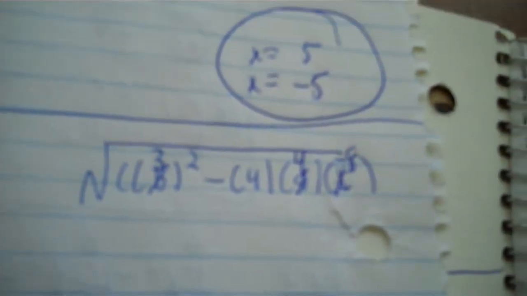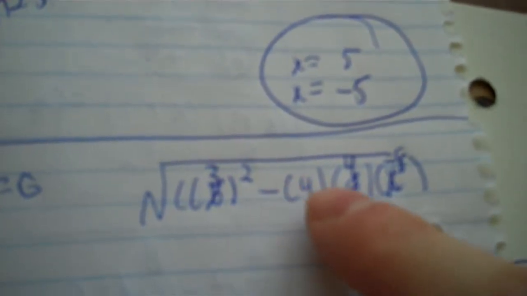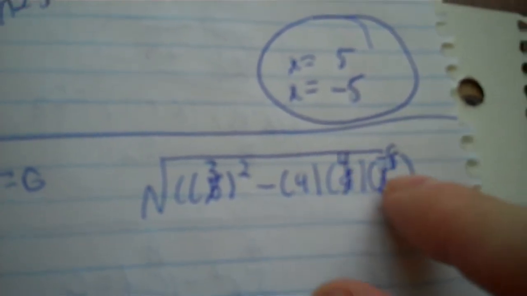You got to make sure you get the 8 as a negative. So minus 4, parentheses 4, parentheses negative 8. To do a negative, you just hit the minus key. Okay, hit equals. That's a decimal.